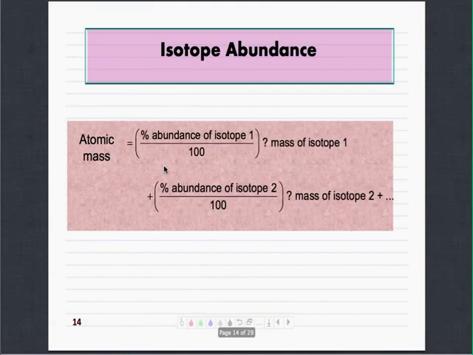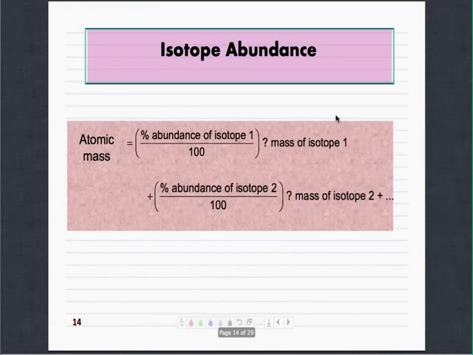Now, if we look at the periodic table, for example, at the mass of hydrogen, it is 1.00794. And we said that we have hydrogen 1, hydrogen 2, and hydrogen 3. So the mass recorded there, which is the atomic mass we just talked about, is the average atomic mass.